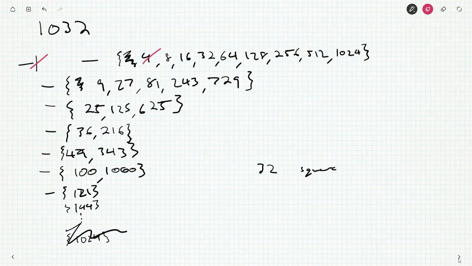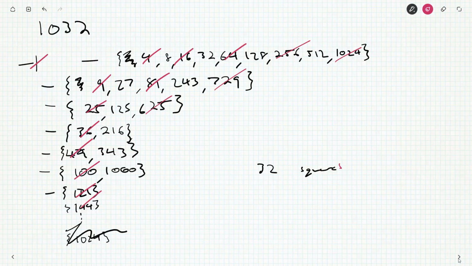One squared, 2 squared, 3 squared, 4 squared, 5 squared, 6 squared, 7 squared, 8 squared, 9 squared, 10 squared, 11 squared, 12 squared, yada yada yada, 32 squared, 16 squared, 27 squared, 25 squared. That's it. So 32 squares go away.